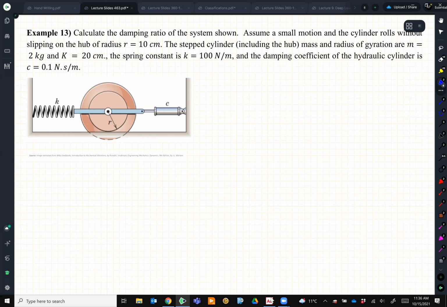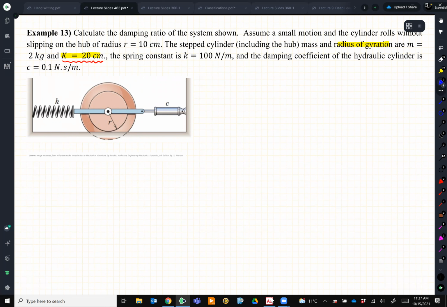So we have this wheel and hub attached together. And it says the radius of gyration k is 20 centimeters. We talked about the radius of gyration in lecture 1 or 2, I can't remember. And sometimes a question shows it by capital K. Do not confuse it with a stiffness.